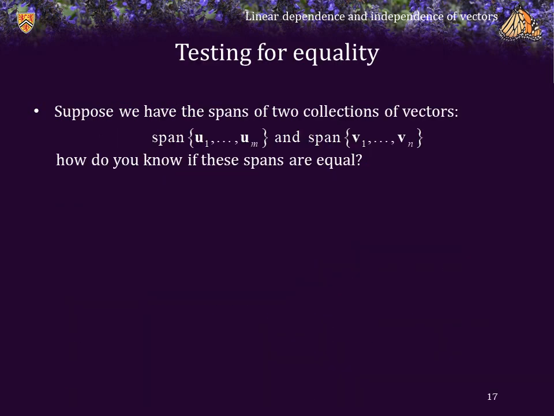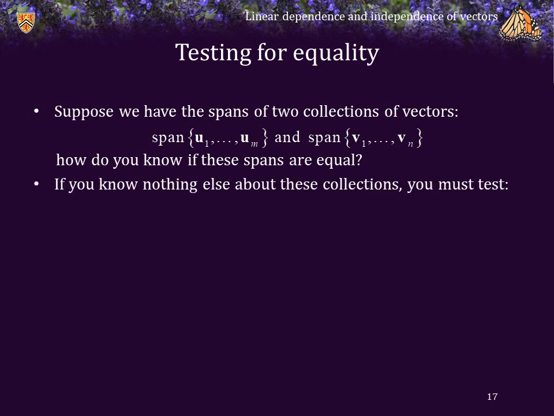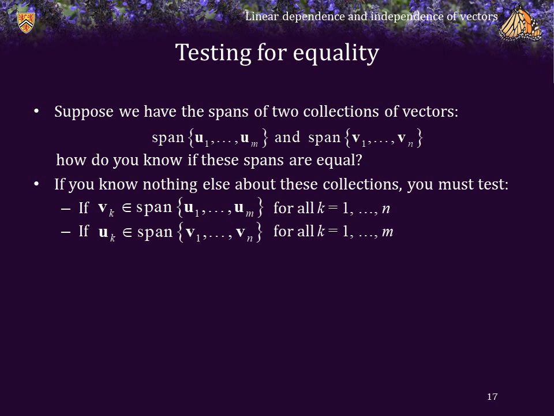Now, suppose we have the spans of 2 collections of vectors. How do we know if these 2 spans are equal? Well, if you know nothing about these collections, you must test whether or not each vk is in the span of the vectors u1 through um for each k going from 1 to n, and you must check if each uk is in the span of the vectors v1 through vn for all vectors k going from 1 to m.